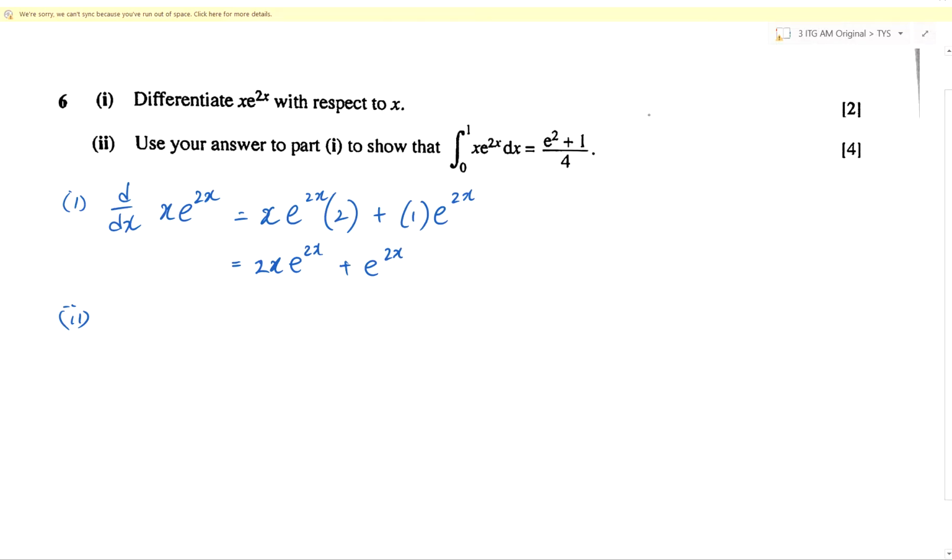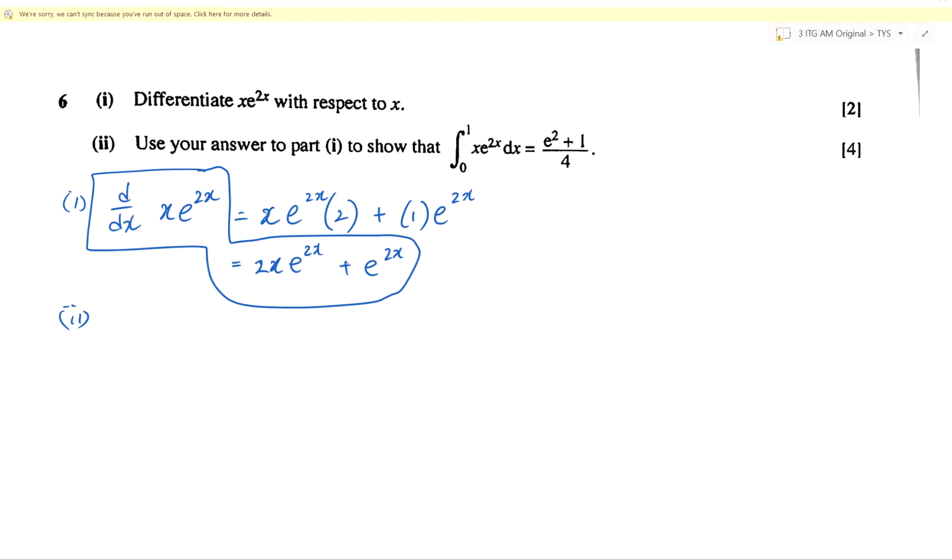part gave us. When I differentiate x e power 2x, I get whatever is on the right hand side. So using integration as a reverse of differentiation, okay, integration is the reverse of differentiation. If I were to integrate the right hand side, what do you think I will obtain? If I integrate this, what will I obtain?